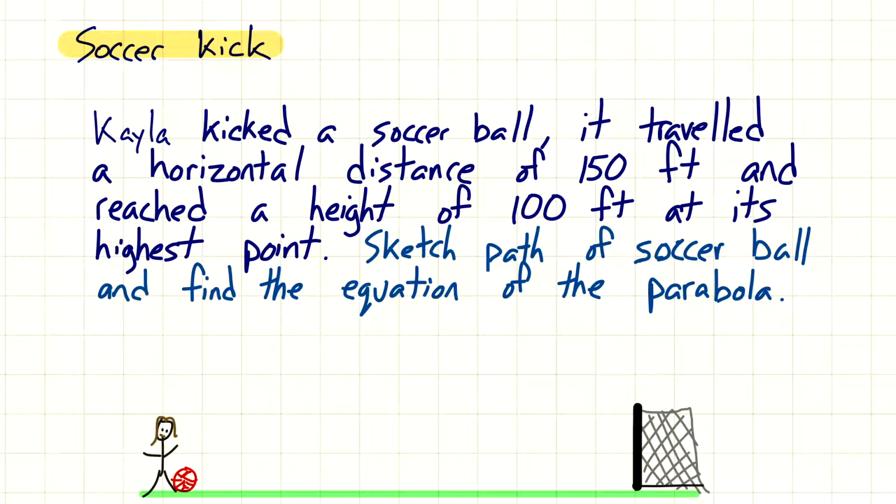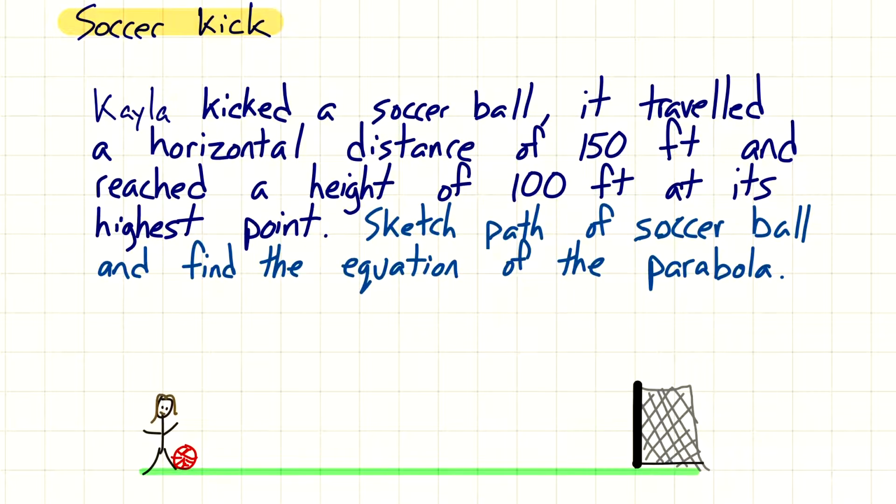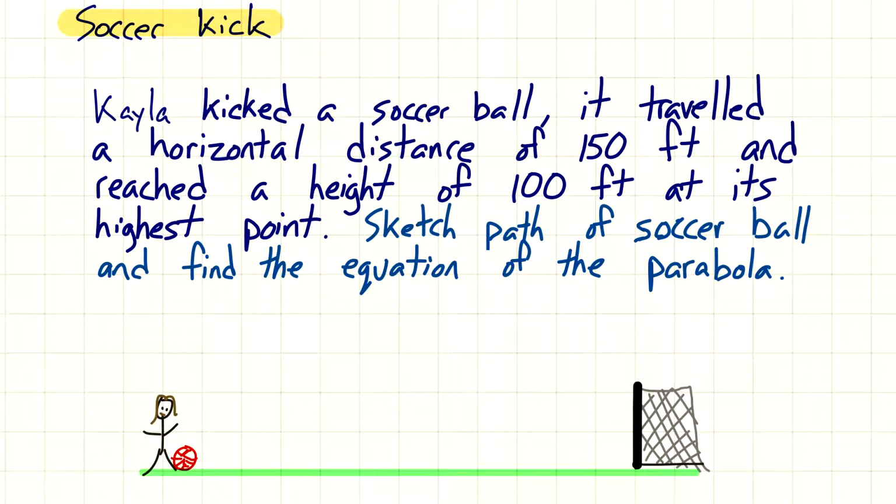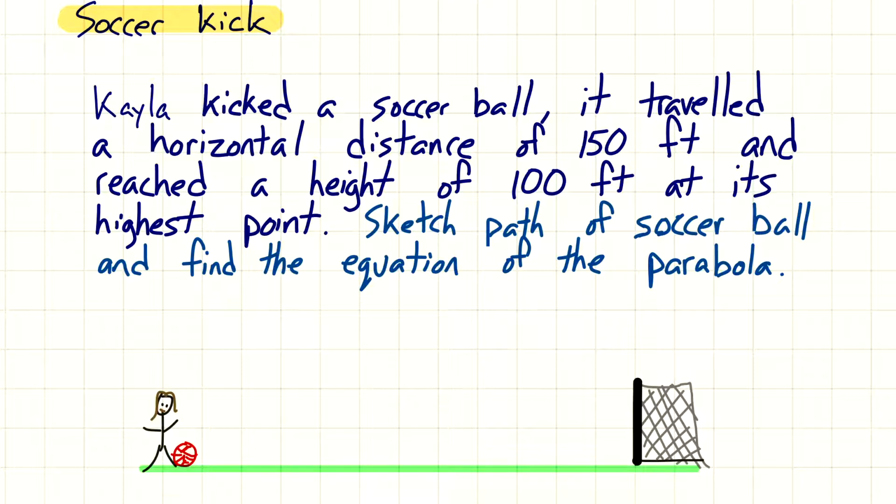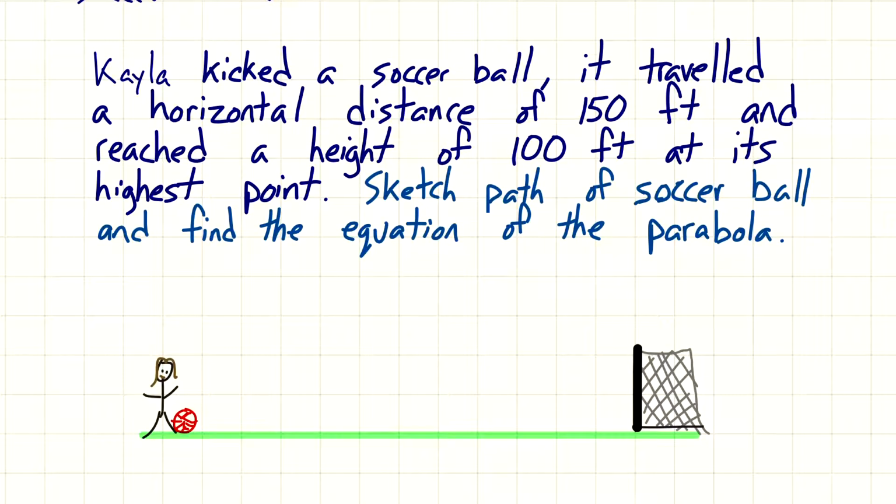So do yourself a favor and draw a picture of Kayla kicking a soccer ball through the air and what that might look like, similar to the picture of the rabbit jumping over a fence. Now, when you do your drawings, they do not have to be as amazing as mine.